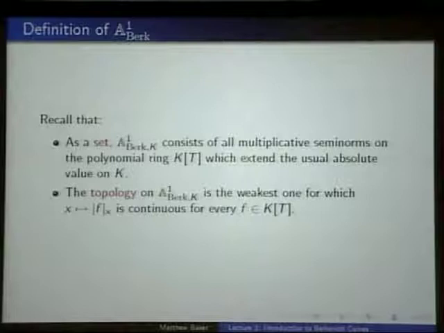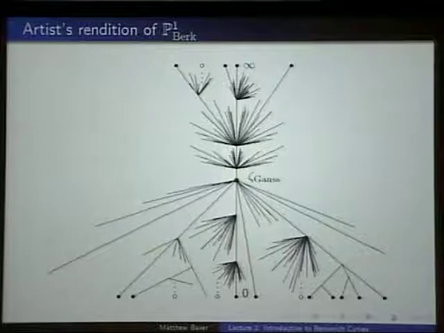And the topology on the Berkovich affine line we defined last time to be the weakest one which makes these maps x goes to the absolute value of f at x continuous for all f. So you fix a polynomial, and you require that taking the absolute value of that polynomial at some point should be a continuous map. And here was our picture of the Berkovich projective line, rather incomplete because the branching is much worse than I've shown here.